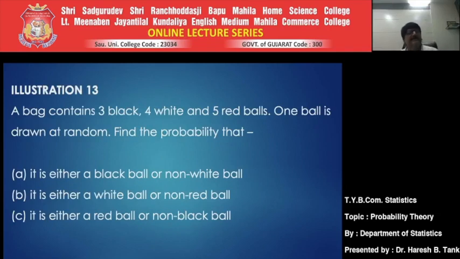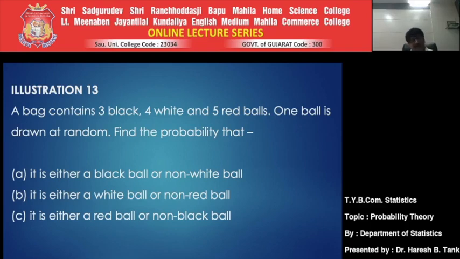A bag contains 3 black, 4 white and 5 red balls. One ball is drawn at random. Find the probability that it is either a black ball or a non-white ball. Fine enough. The second one: it is either a white ball or a non-red ball. Fine enough.